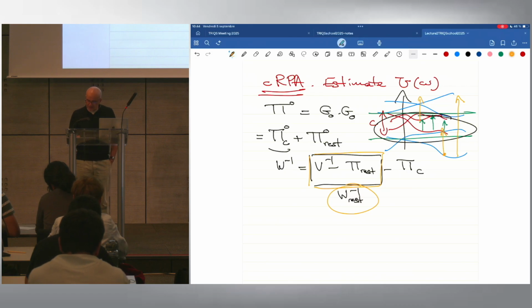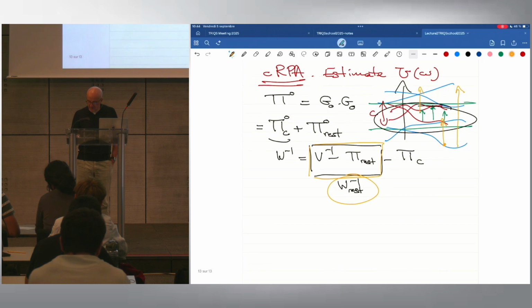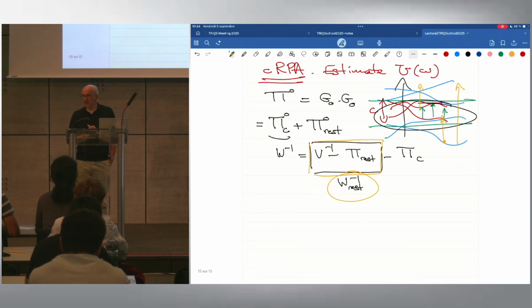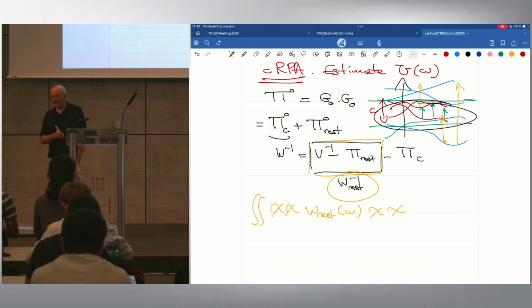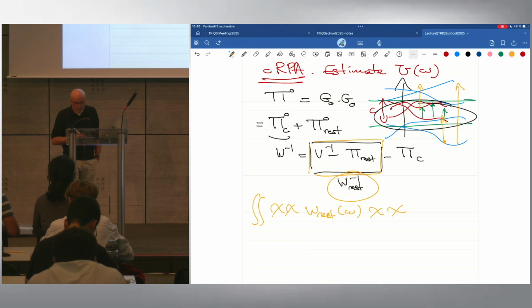And so in this framework, a first guess for U of omega is just given by the matrix element of W rest. So if I take matrix elements of W rest of omega between my correlated wave functions, this will give me a first guess for U of omega, which may be reasonable.